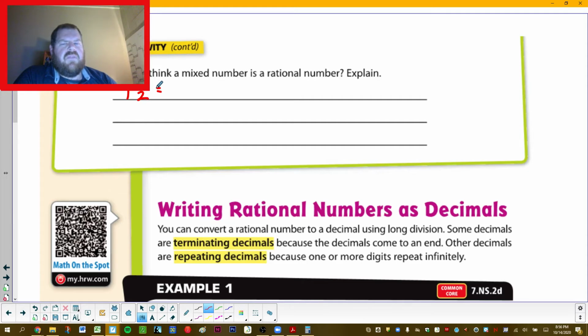But if you remember dealing with mixed numbers and improper fractions, this is actually the same as 3 over 2. And 3 over 2, 3 is an integer, 2 is an integer. So I think we can pretty safely say that mixed numbers are, sorry, are rational.